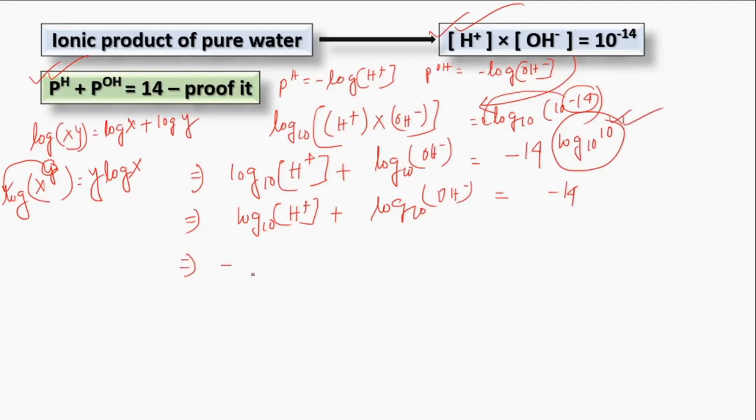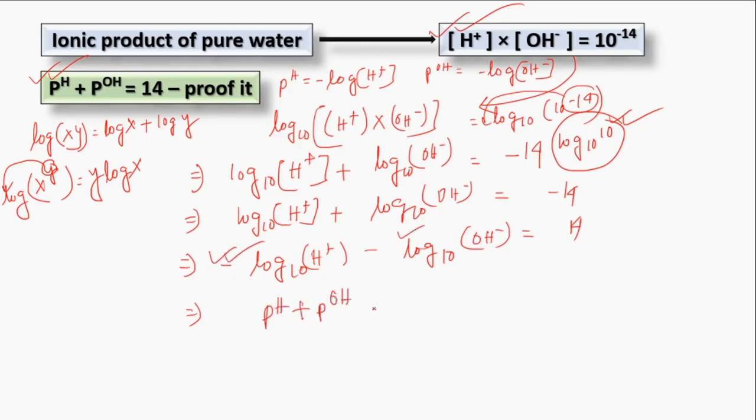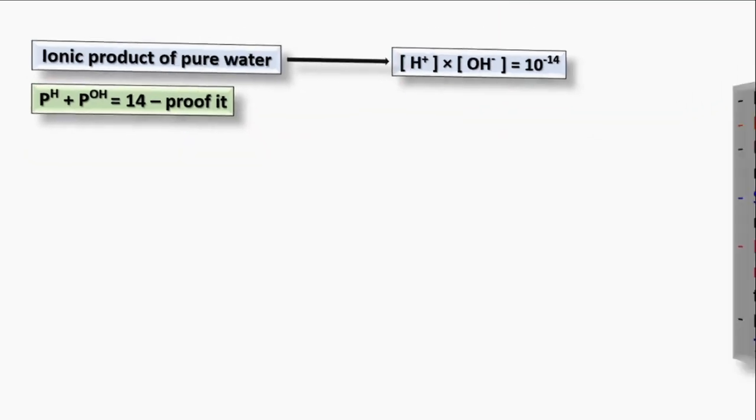So we can write minus log H plus minus log OH minus equals 14, because minus multiplied by minus gives a plus value. And we know that minus log H plus equals pH, while minus log OH equals pOH. So we can write that pH plus pOH equals 14, and it is proven. So I think you can understand.